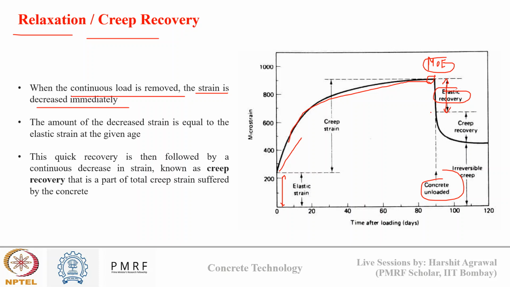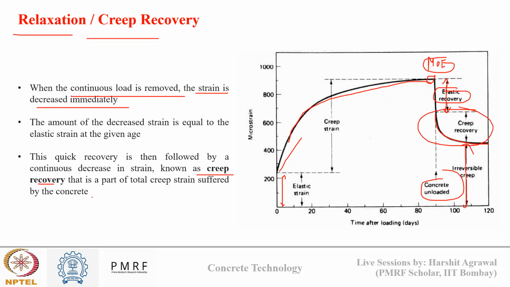Once this elastic strain has recovered, there will be some recovery in the creep strain also, but a lot of portion will remain irreversible after loading is applied. This quick elastic recovery is followed by a continuous decrease in strain, and this decrease is known as creep recovery.